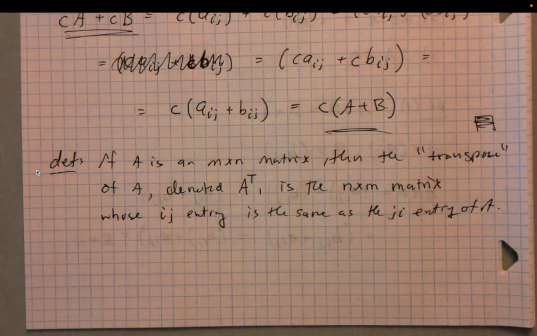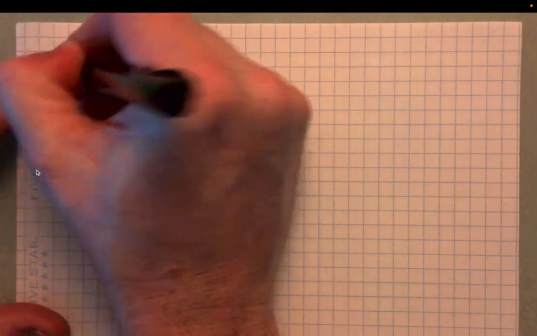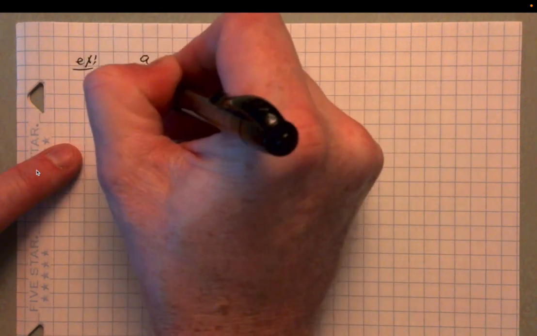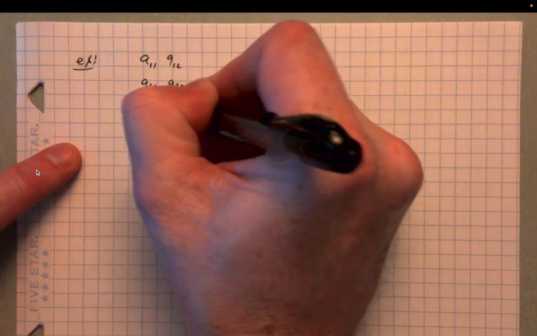So to transpose a matrix means you're changing the rows of A into the columns of A transpose. Let's see an example. Take a simple one: A11, A12, A21, A22, A31, A32.